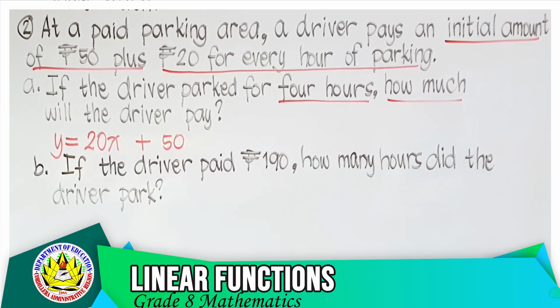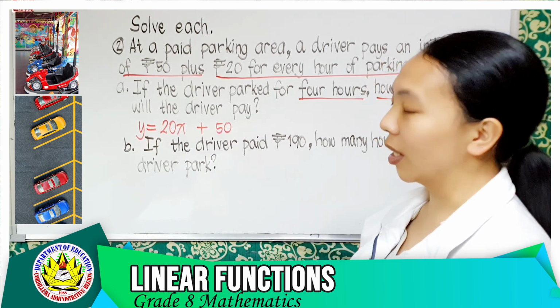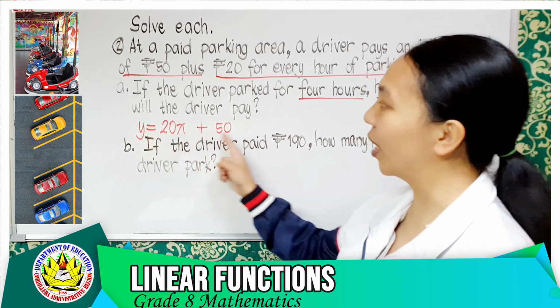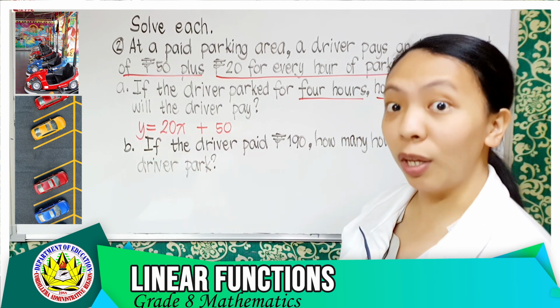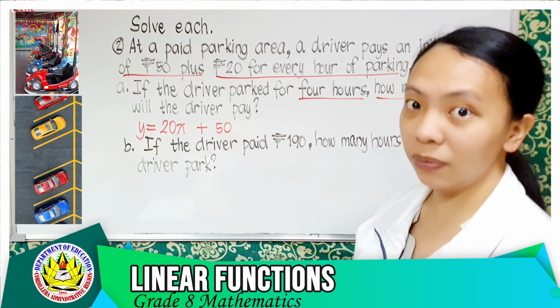Question B. If the driver paid 190 pesos, how many hours did the driver park? In this particular question, we are going to make use of the same equation that we have used to solve letter A. Y is equal to 20x plus 50.